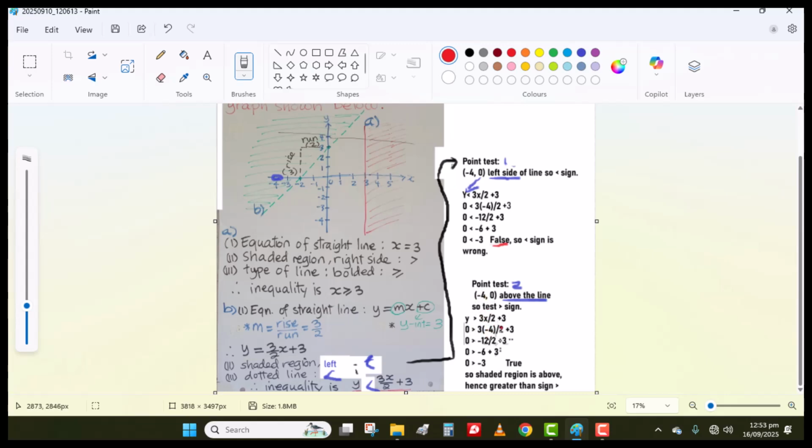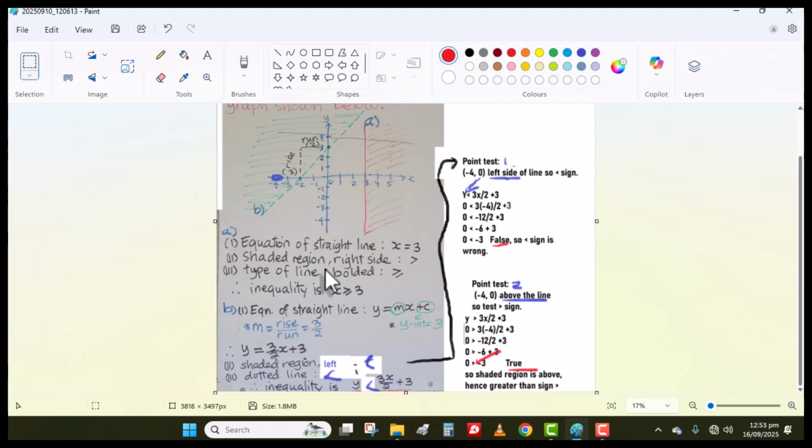So 3 times negative 4 over 2 plus 3 is negative 12 divided by 2 plus 3. Negative 12 divided by 2 is negative 6, and negative 6 plus 3 is negative 3 again. This time the statement is 0 is greater than negative 3, and that's true. And so the greater than sign is the correct one to use.